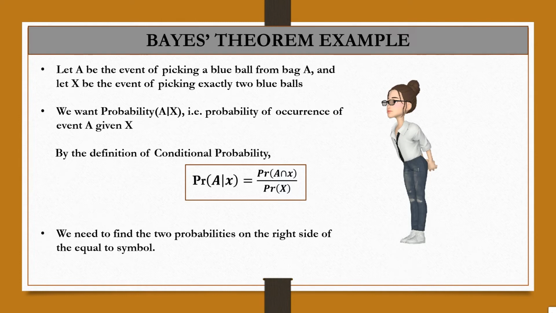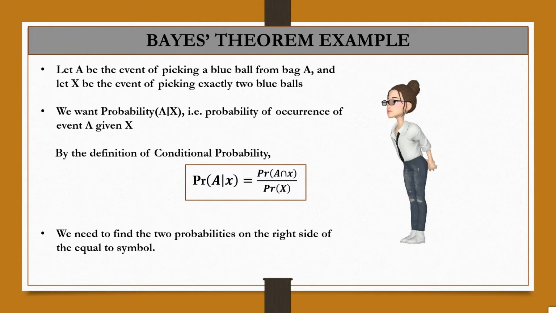Let's look at how you can solve this problem. So first of all, let A be the event of picking a blue ball from bag A, and let X be the event of picking exactly 2 blue balls, because these are the two events that we need to calculate the probability of.